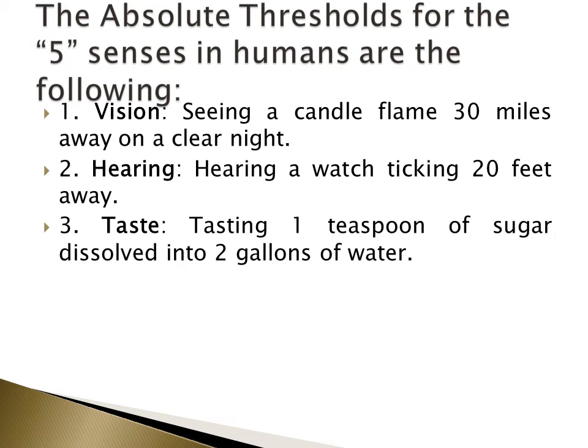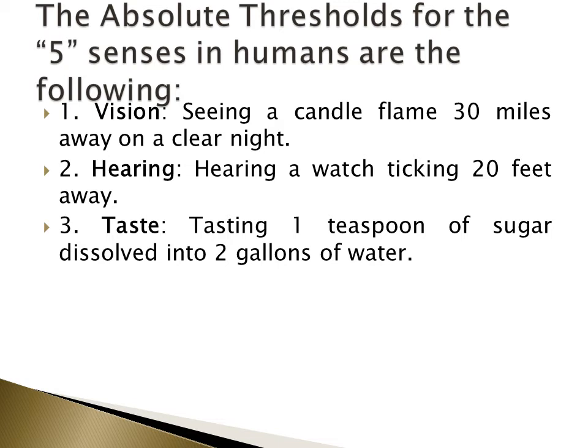Vision pertains to our sense of seeing or sight, or our sense organ, the eye. Number 2, hearing. Hearing a watch ticking 20 feet away. Hearing pertains to our sense of hearing, and that is the sense organ of ears. Number 3, taste. Tasting 1 teaspoon of sugar dissolved into 2 gallons of water.